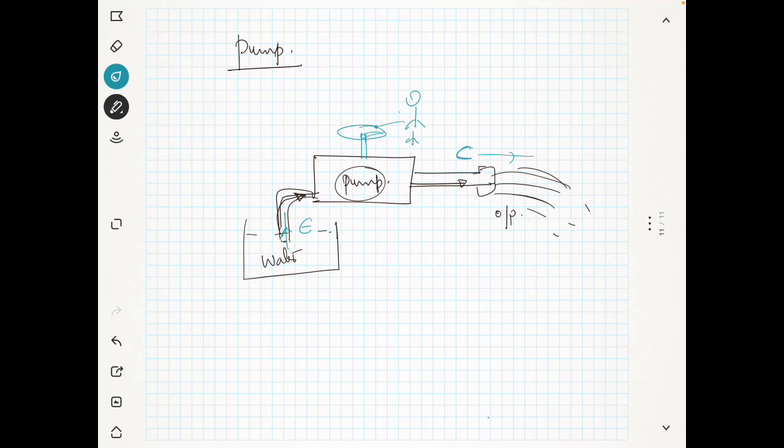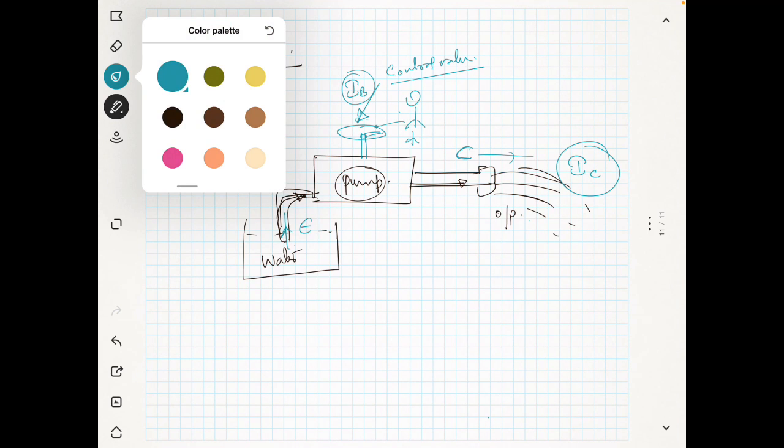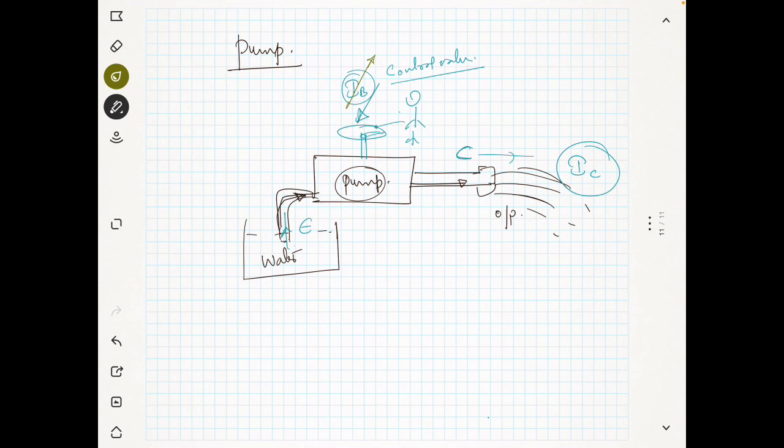So you can have a control valve here, and if you control this valve, you can control the output. Whatever is coming out here, you can call it IC, and whatever input you give for controlling this, we will call it IB. If you change IB, you can change IC.